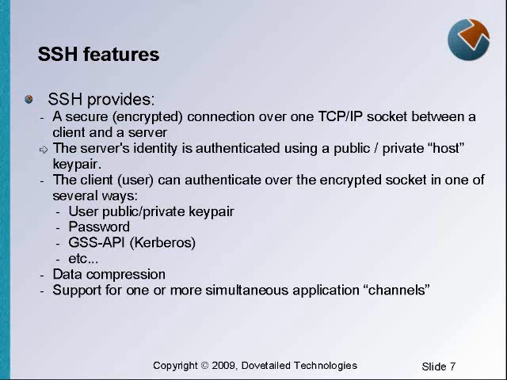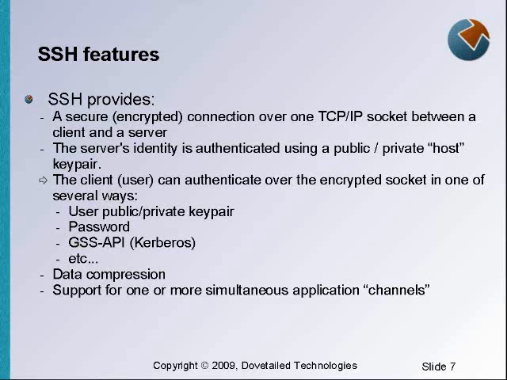The next thing is that the identity of the server is authenticated using a public-private host key pair. This is the mechanism by which the server proves who he is, so that the client doesn't talk to a man-in-the-middle attack or something like that. It proves to the client that he actually is talking to the correct server.